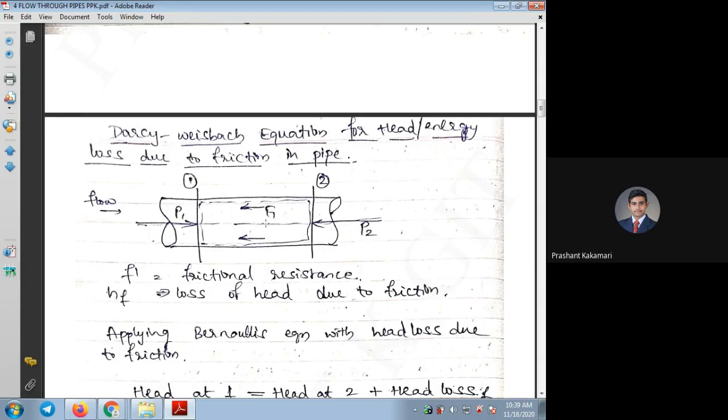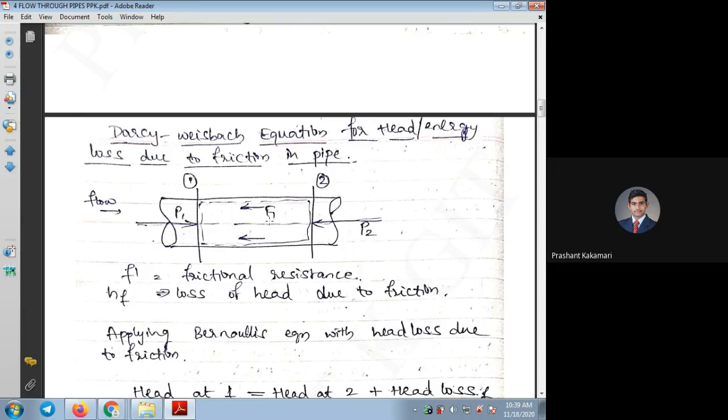And here, between section 1 and 2, the opposing force at the liquid surface and the inner surface of the pipe, whatever the resistance is there, I am going to call it F1. So this F1 is the frictional resistance or the frictional force acting in the opposite direction of the flow.